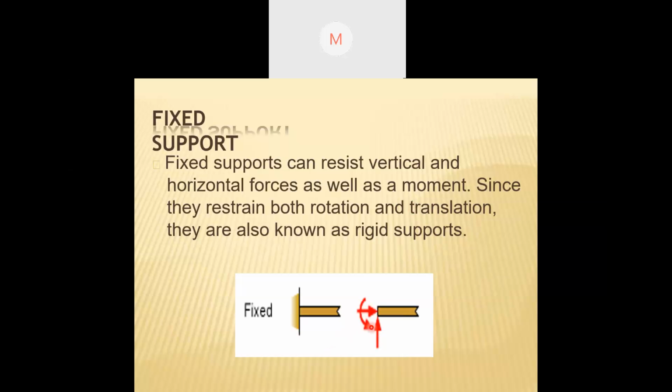So if it is fixed, then in a roller it could resist only one reaction. Now in a hinge it was two. Now in fixed, what happens? If the support is fixed, then it can resist all: the horizontal, the vertical, as well as the moment, which is this symbol. So it can resist all three.